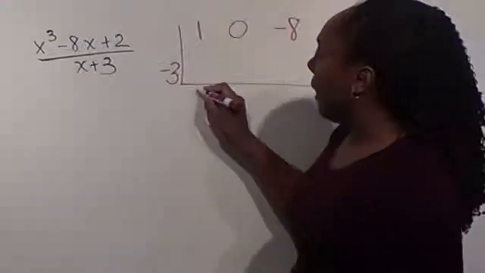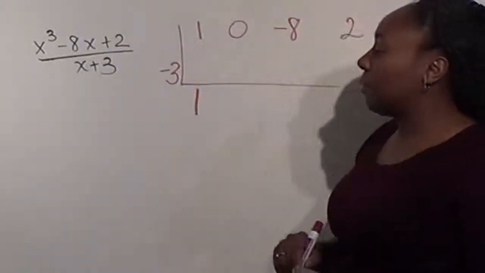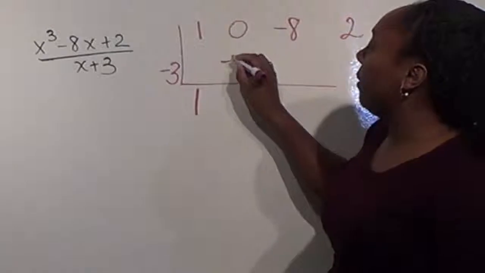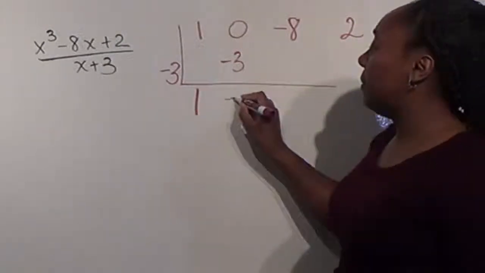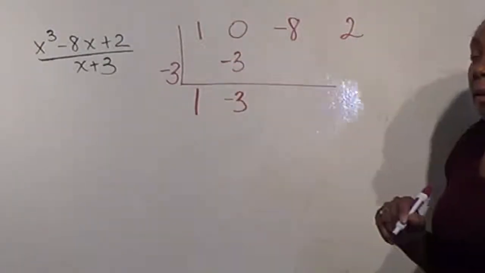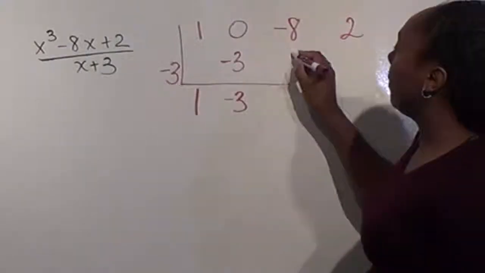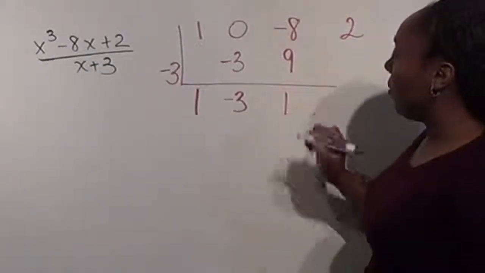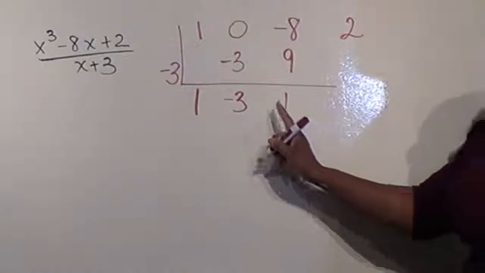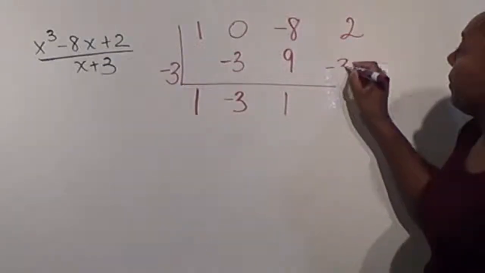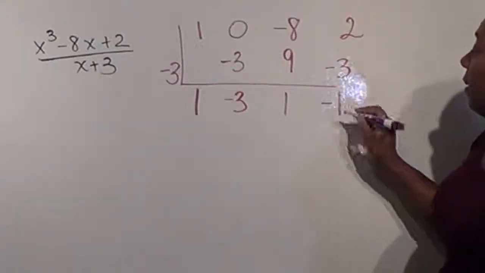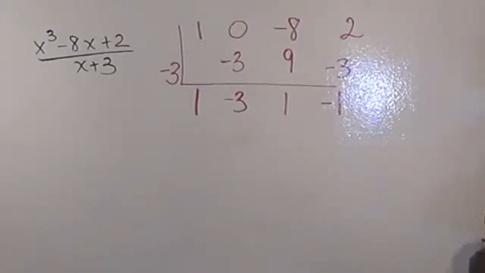So again, I'm going to start by bringing down that first term. I'll multiply here, and then add. Same thing, multiply here, adding these terms. One last time, I'll multiply here, and add.